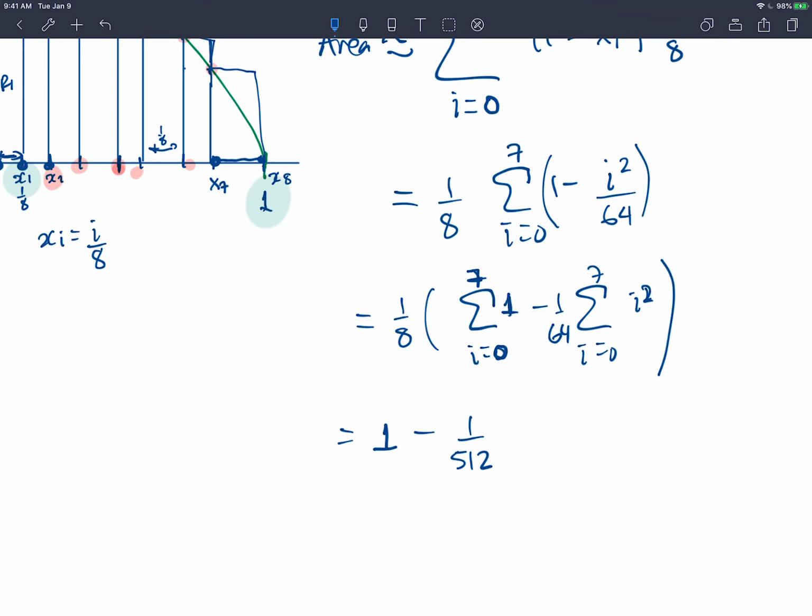So it's already stopping at 7. The formula was n times n plus 1 times 2n plus 1 divided by 6. So inserted here, that becomes 7 times 8 times 2 times 7, which is 14, plus 1, 15, divided by 6. So that's what the sum becomes on this side.